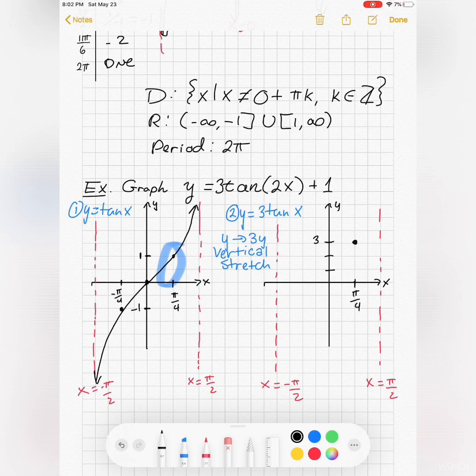I'll put the point here. 0, 0 won't move. Negative pi fourths, negative 3. Try to do a better job drawing it if I can. Something like that.